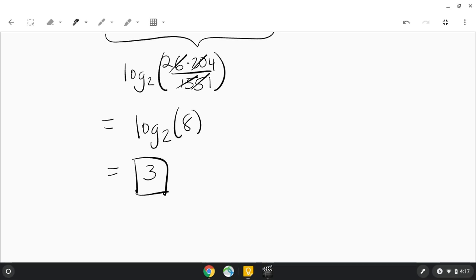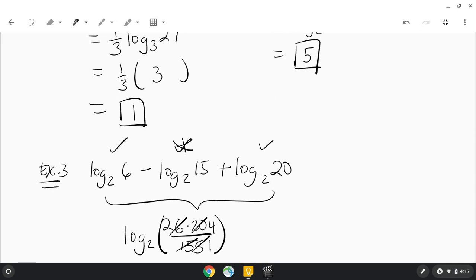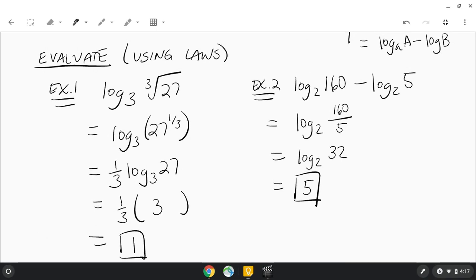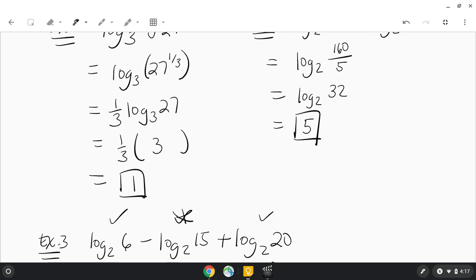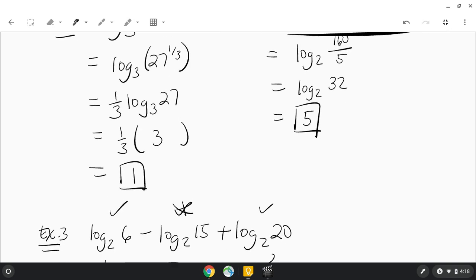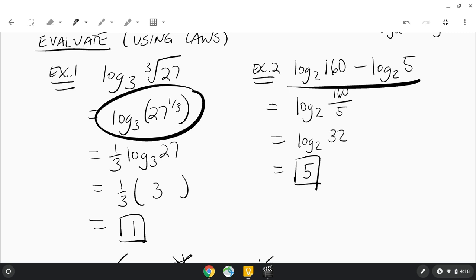Okay. So we're going to be practicing. If you're thinking, wait, I'm not sure, I don't really see that, we're going to practice using the laws in a second. What you're doing here is trying to figure out which of those laws you can apply. If you see a subtraction, you're going to use law number 2. If you see exponents, like right here, you know you're going to use law 3.